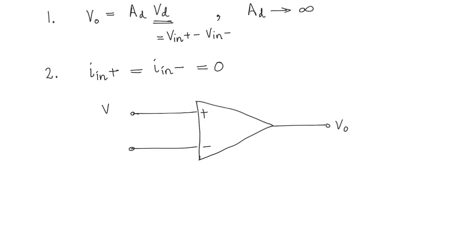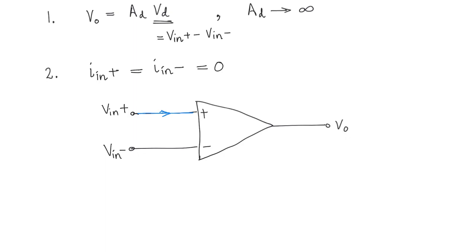Now, if you are applying a voltage at the non-inverting input and the inverting input, you would expect that there could be some current that would flow into the circuit here, right? Because this is just a symbol of the op amp.